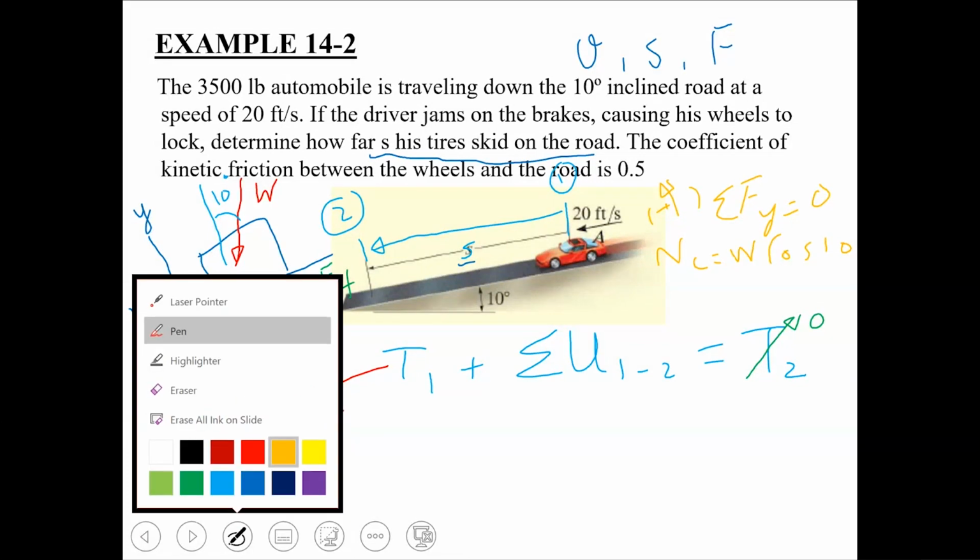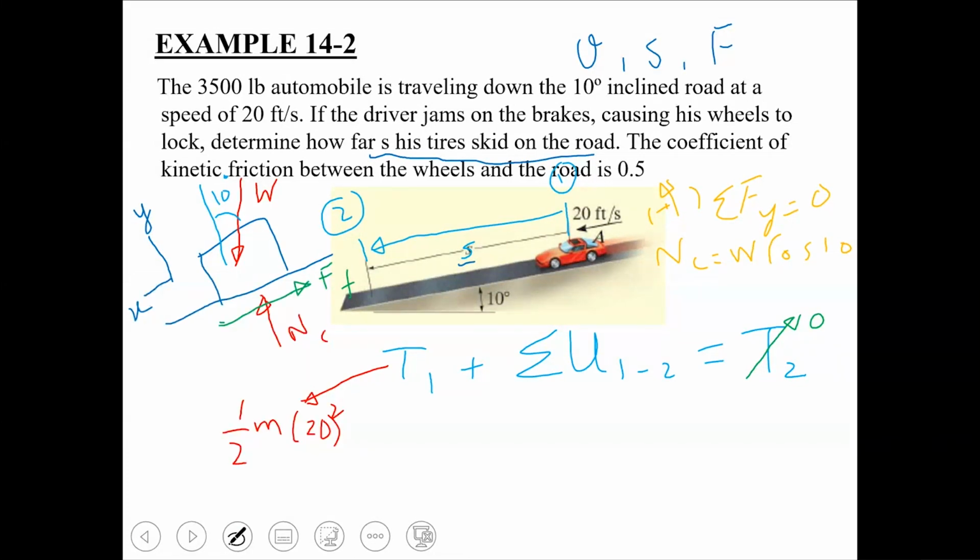Okay, now coming to the forces which are going to be involved in this summation U1 to 2. Work done. कौन सी forces work done की तरफ contribute कर रही होंगी अगर मैं फ्री बॉडी डायग्राम को देखूं? सर फोर्स ऑफ फ्रिक्शन और वेट. NC के हवाले से क्या ख्याल है? सर वो तो perpendicular है. Motion. So there are only two forces that would be contributing to in this work done term.